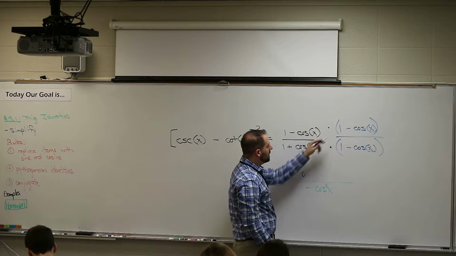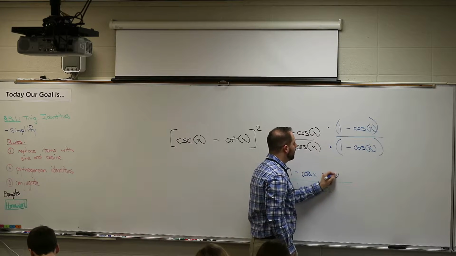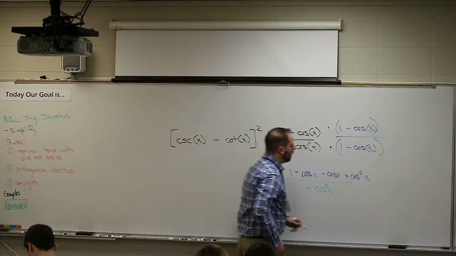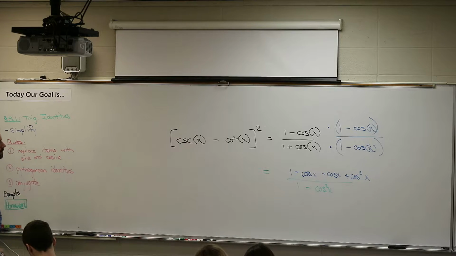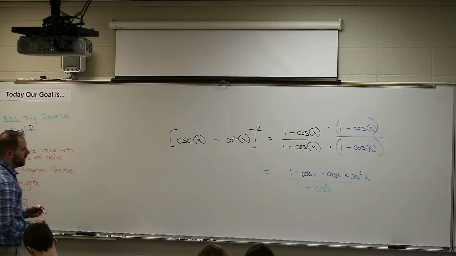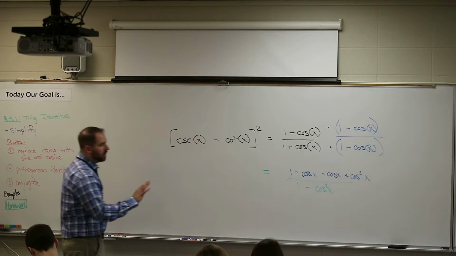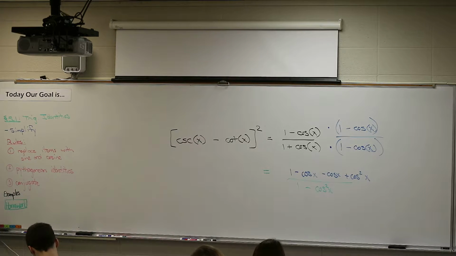It's 1, negative cosine x, negative cosine x, and then positive cosine squared. Alright, now notice, nothing on the top actually cancels out, as you can tell here. So we'll see that in a second. Alright, any questions with what we did here so far? Okay, I hope you wrote this problem down right. That'd be a nightmare if I didn't.